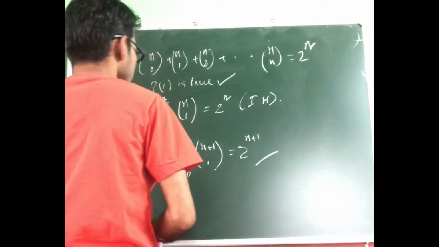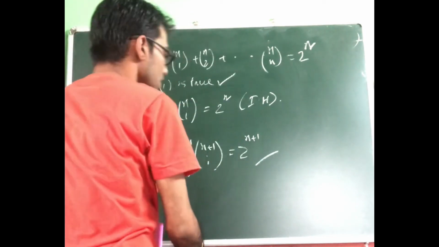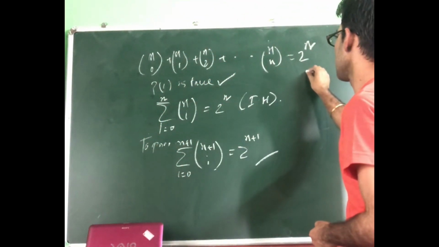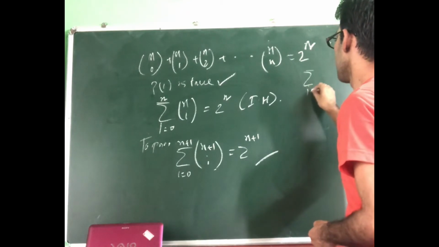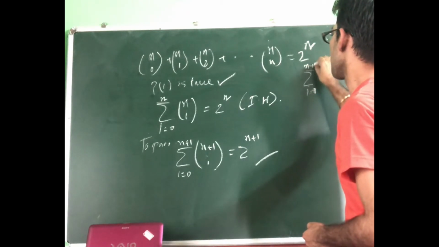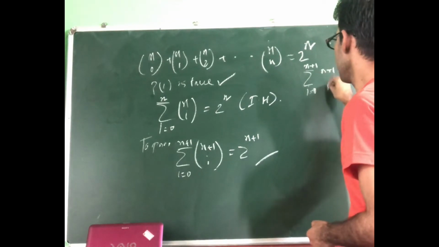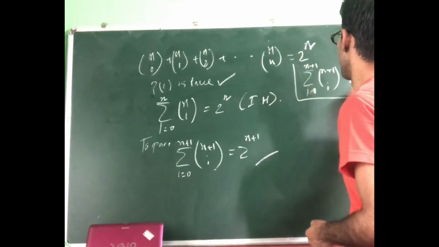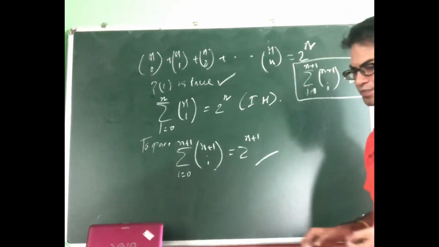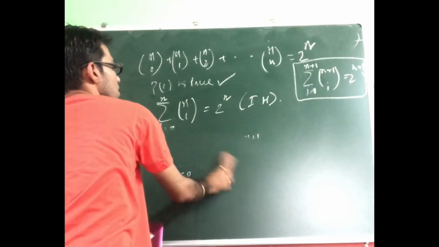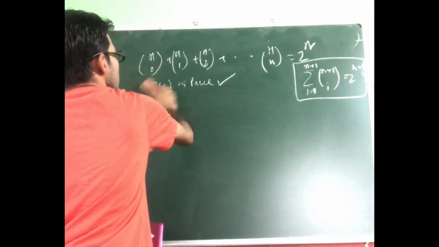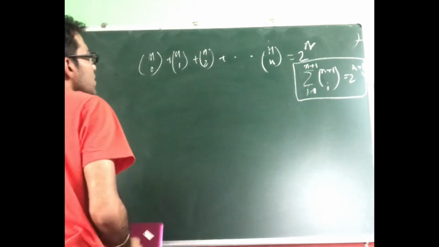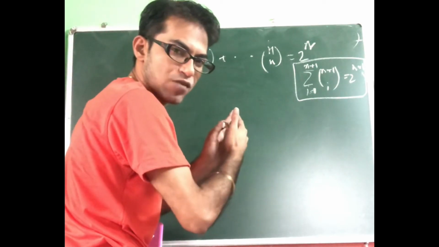So maybe what I'm required to prove, I'm writing it here because the board is small. So I'm required to prove that the summation of i equal to 0 to n+1 of C(n+1,i) is equal to 2 to the power n+1. This is what we are required to prove. Okay, so how the thing would look if I'm writing it not in the compact form but expanding it.